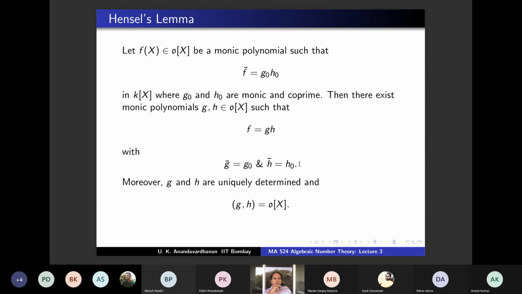Conclusion will be that f has a root. f bar has a root is the assumption, and that Hensel's lemma can be applied, right? What was the earlier Hensel's lemma? If that inequality is true, then by that algorithm you get convergence and you get a root, no?